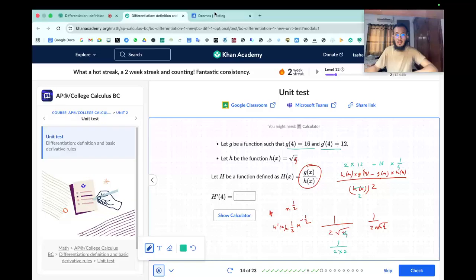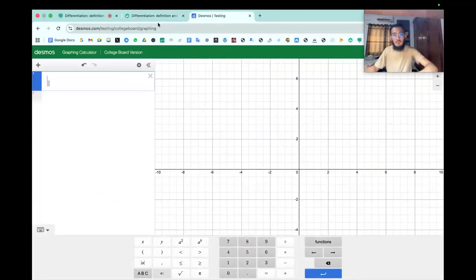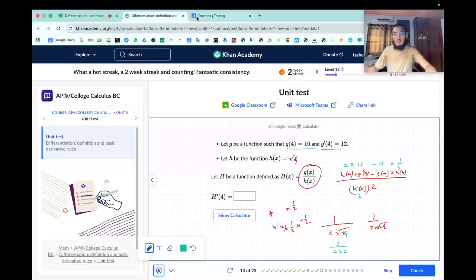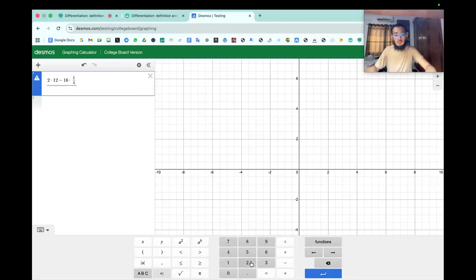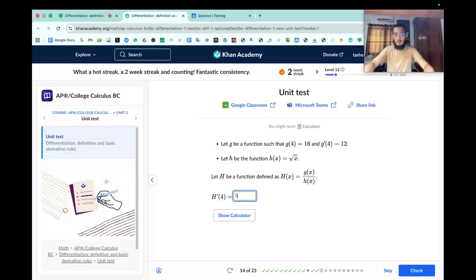Now we have to calculate this: 2 into 12 minus 16 into 1 by 4, divided by 2 squared, is 5. So the answer should be 5.